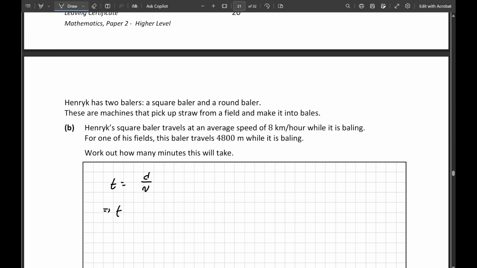If it's 4,800 meters, that's the same as 4.8 kilometers, all over 8 kilometers per hour. That'll give us units of hours, so I'm just going to multiply by 60 minutes per hour. So it's 4.8 by 60 over 8. It will take 36 minutes.